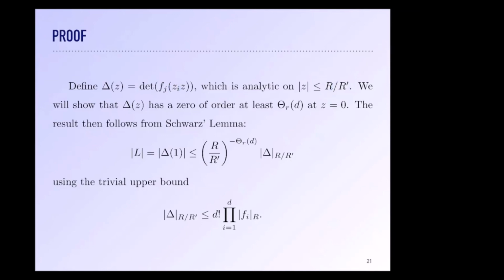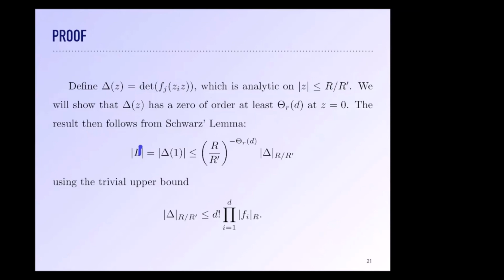The punchline is that this analytic function has a zero of some order, which I'll discuss on the next slide, and we'll have some large order, which I'm calling theta sub r of d. Once you have that, the result just follows from Schwarz's lemma.